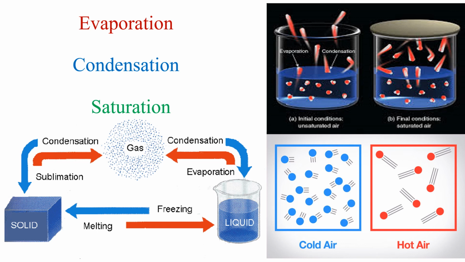Evaporation only happens when molecules can escape from the liquid form to the vapor form, and condensation happens when temperature decreases, then relative humidity increases, and when it reaches 100% relative humidity, condensation happens. And when it reaches 100% relative humidity, that means the air has its maximum capacity of holding water vapor at that temperature. That's called saturation. Thank you.